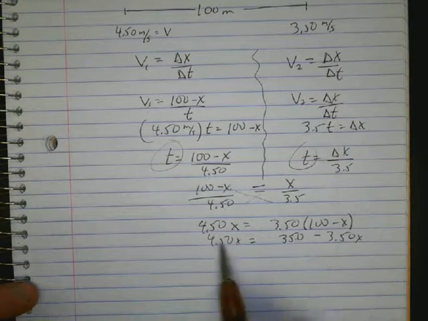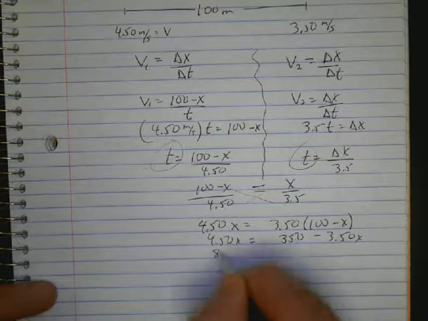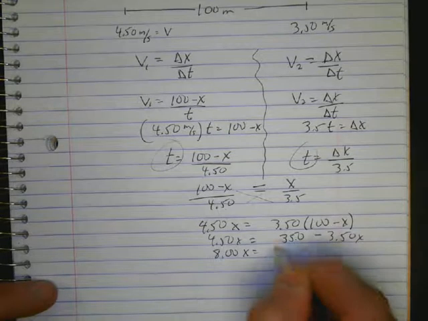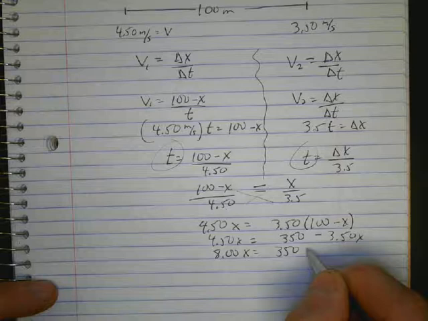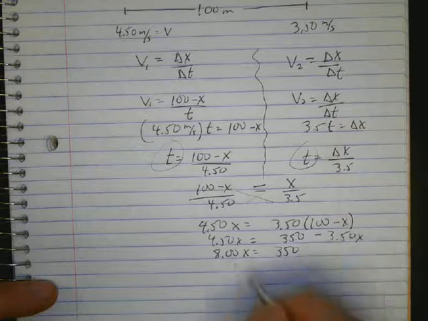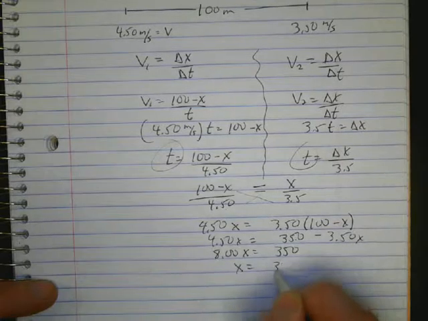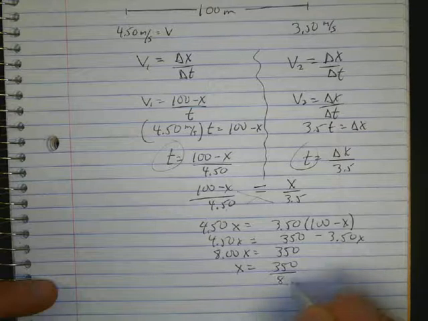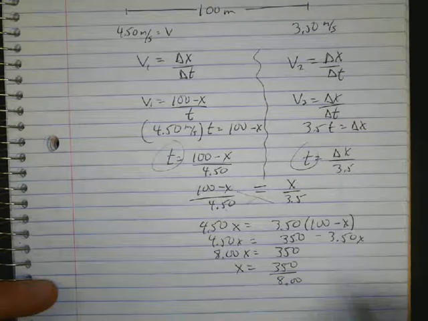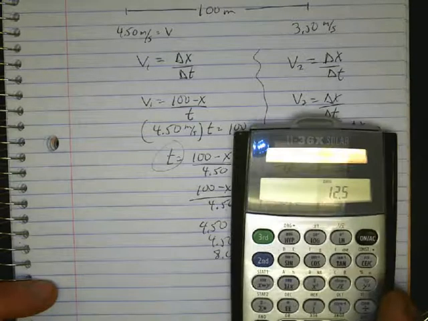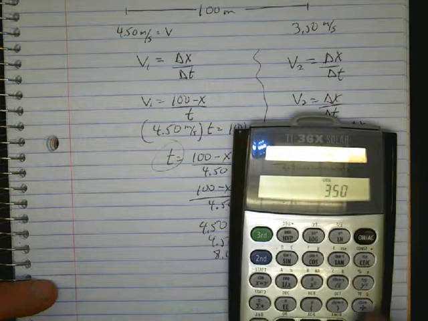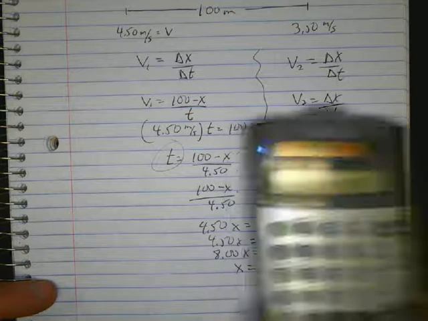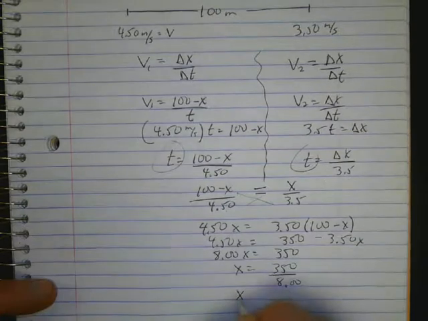If we add 3.50x to both sides, this becomes 8.00x equals 350, and then x is equal to 350 divided by 8.00. 350 divided by 8 is equal to 43.75.